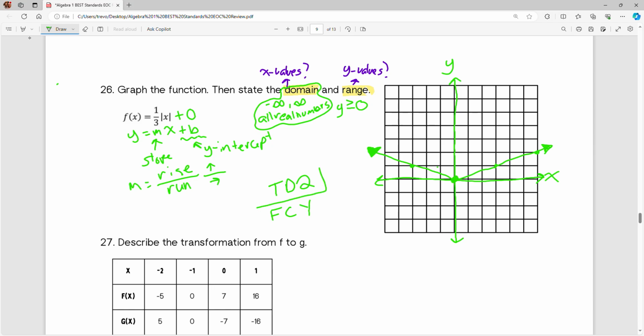So I recommend that you spend some time making sure that you refresh and remember what absolute value functions are and what their graphs look like and what domain and range are, because these are things that you will see on your algebra end of course exam.